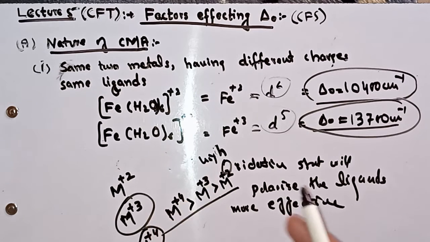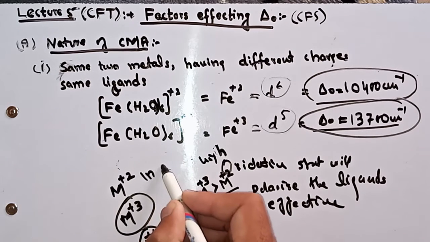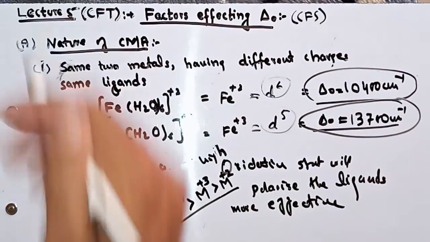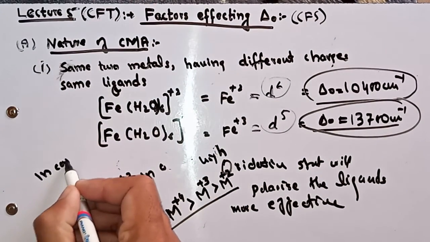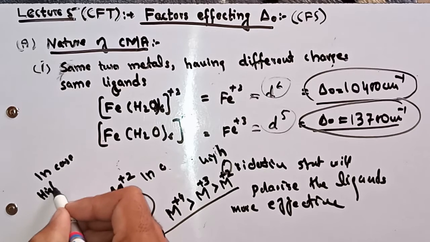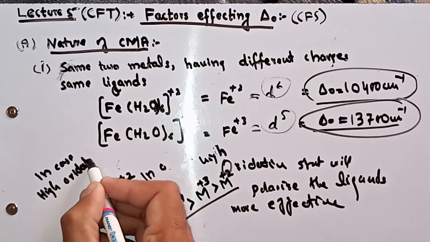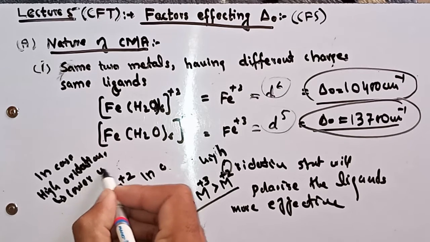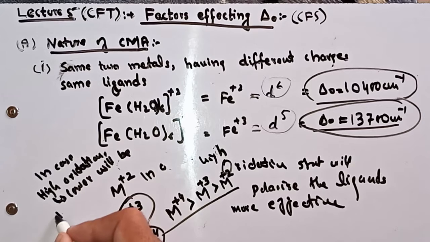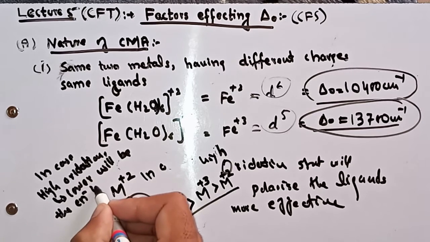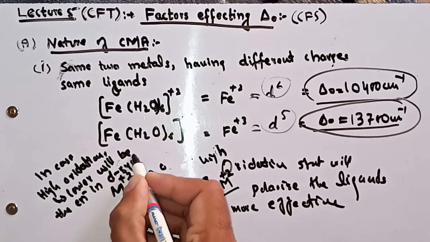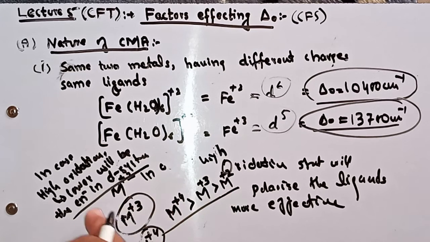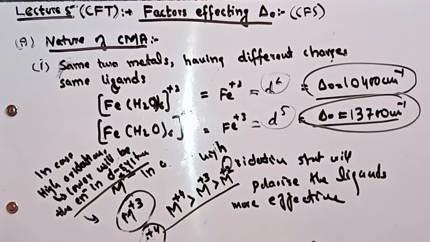Or you can say that in the case of high oxidation state, there will be fewer electrons in the d system. In the d orbital, the electron count will be low when the oxidation state is high.